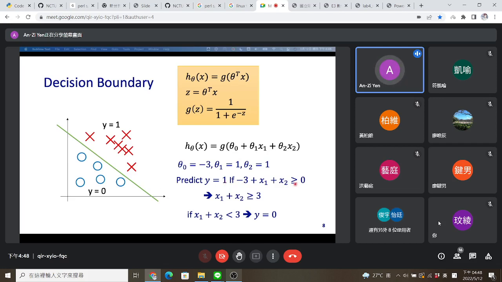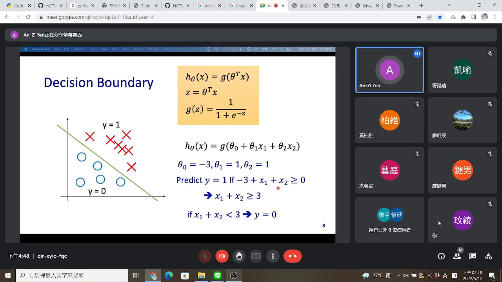So using this formula, we know that y equals 1 is more likely, that the probability that y equals 1 is greater or equal to 0.5. And this formula is -3 plus x1 plus x2, so the theta transpose x when theta is equal to the value of the parameters that we just chose.